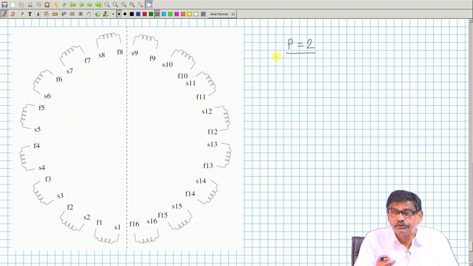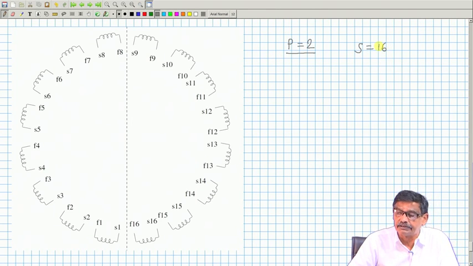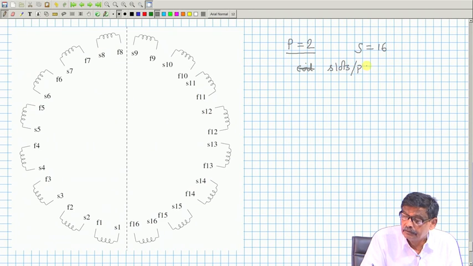So, if it is a 2 pole winding and total number of slots are 16, then I will first calculate coil span, number of coils, number of slots per pole. This is what I have to calculate, slots per pole. That will then become equal to 8, is it not?